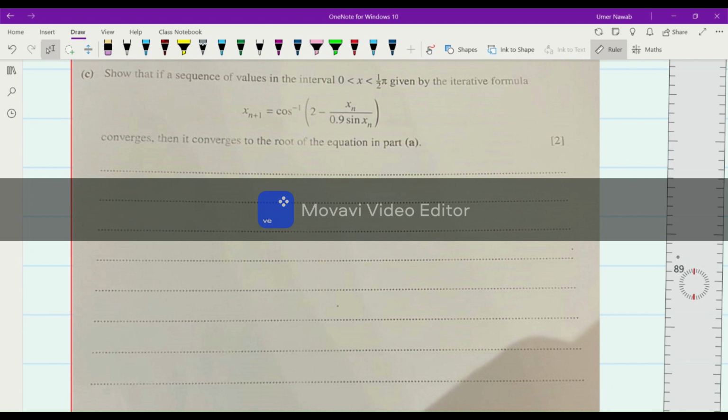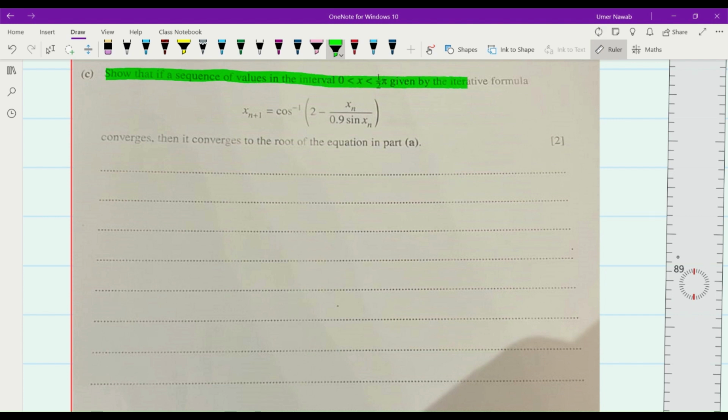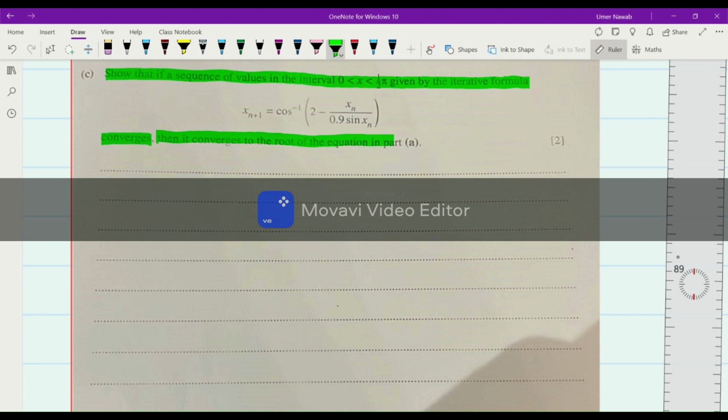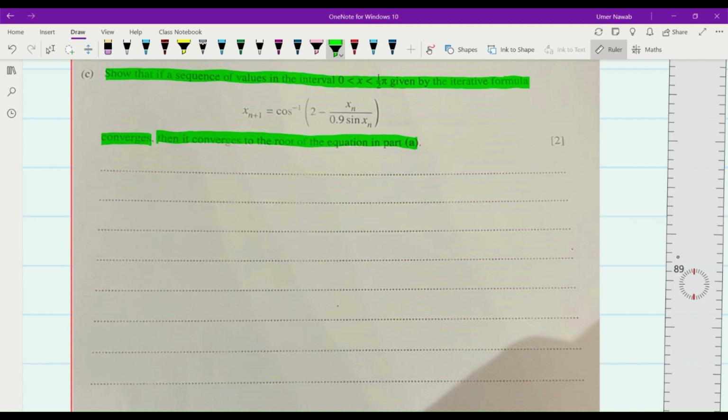Third question, show that if the sequence of values from 0 to pi by 2 given by this iterative formula converges, then it converges to the root. As you all remember, in the Numerical Solutions chapter, the second concept which you took, any equation, we can find its approximated root rather than exact root.